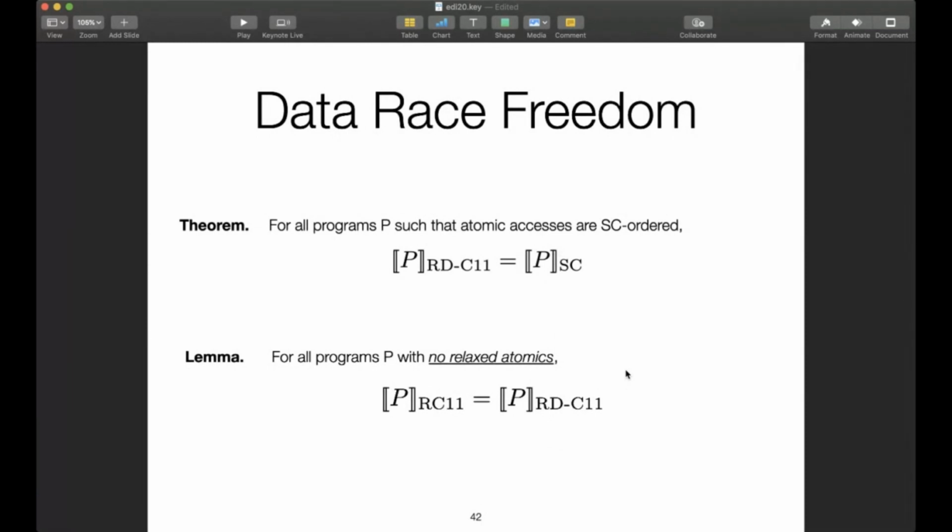So similarly, we can provide data race freedom. This is the data race freedom guarantee claimed by the International Standards Organization, where if you use only atomic accesses that have SC semantics, so in C++, you get to annotate your accesses of memory with a strength, essentially, and you can say, I want it to be relaxed, and then you get a very relaxed semantics for that. It allows a lot of behaviors, but you compile to bare machine instructions.